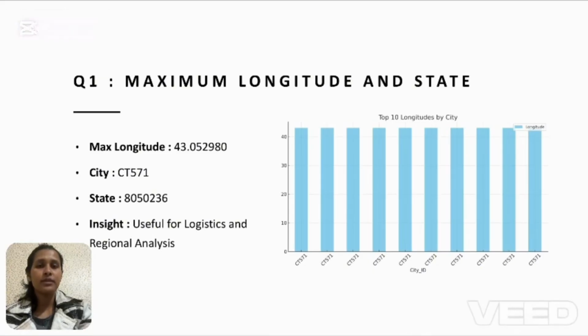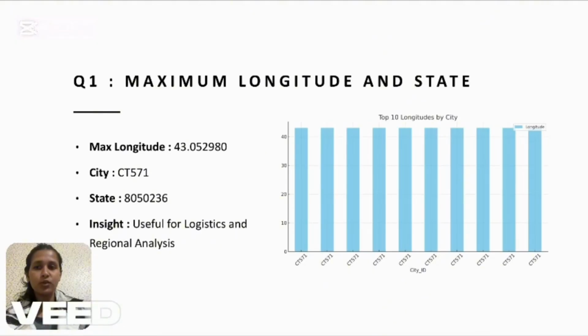And then we found that the maximum longitude value was 43.05 linked to the city ID CT571. Using a join operation with the location dataset, we mapped this city to the state number 805, and understanding geographical extremes like this is essential for logistics, especially in route optimization, distribution planning, and regional sales analysis.